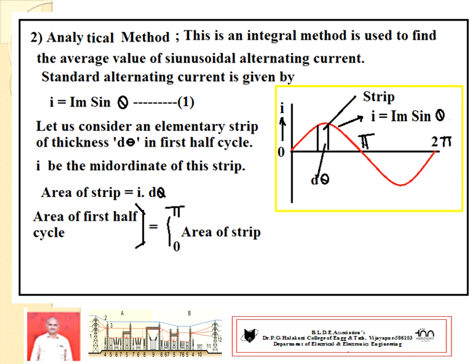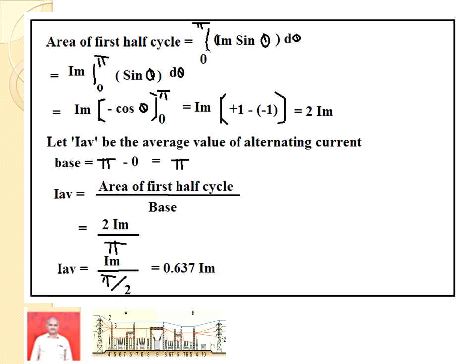Let us consider an elementary strip of thickness d theta in first half cycle, and i be the mid-ordinate of this strip. Then it is possible to estimate area of strip which is equal to i into d theta. Therefore, area of first half cycle is equal to integration from 0 to pi of area of strip, that is i d theta. i equal to Im sin theta, so area equals integral of Im sin theta d theta.